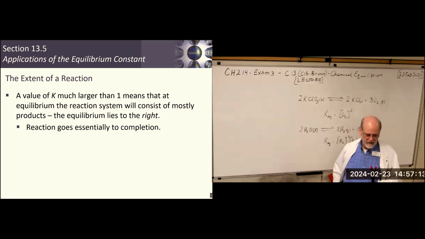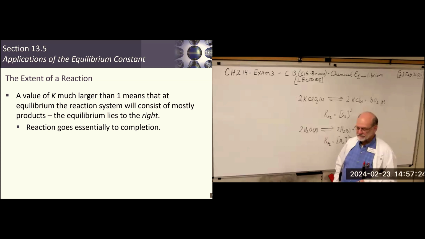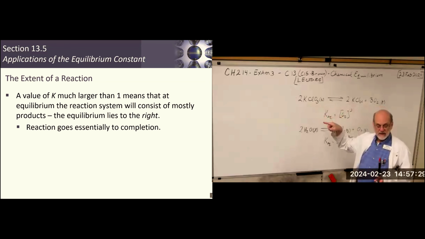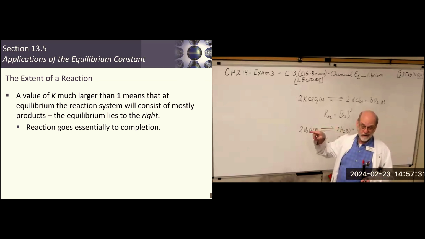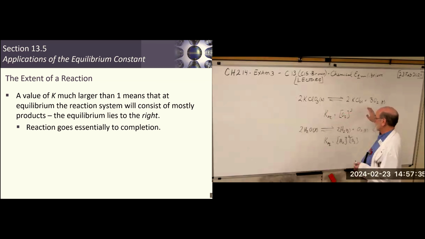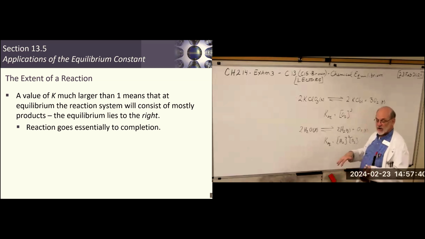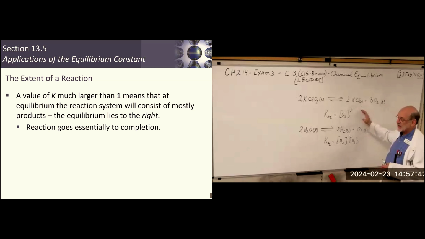Originally, the slide said if the K value is larger than 1, that means that the equilibrium system will consist of mostly products, and the equilibrium lies to the right. But with all these coefficients and possibilities, that doesn't hold water. What can happen is, and that's why I said much larger, if K is much larger than 1, then yeah, you're pretty safe saying that the reaction is mostly to the right.